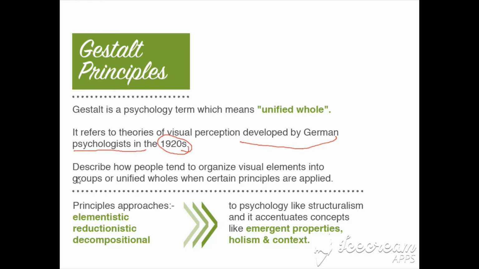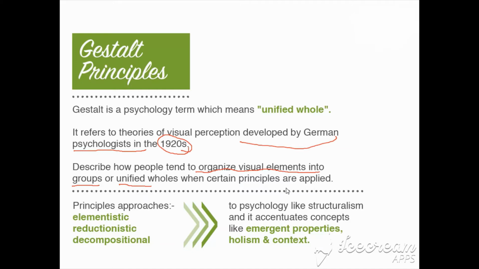It describes how people tend to organize visual elements into groups or a unified whole when certain principles are applied. Principle approach, elementistic, reductionistic, decompositional, to psychology like structuralism, and then kita ada emergent properties, holism and context.